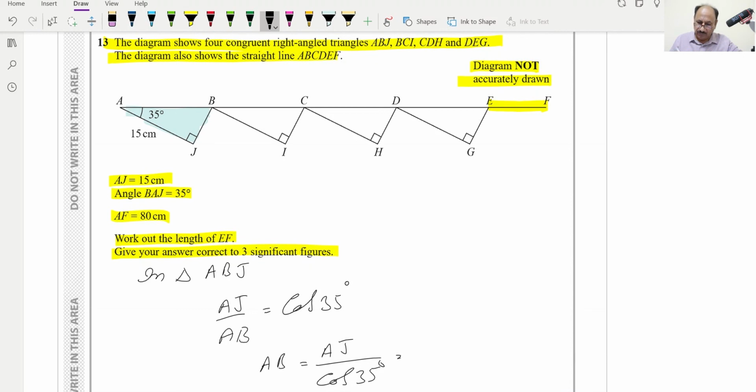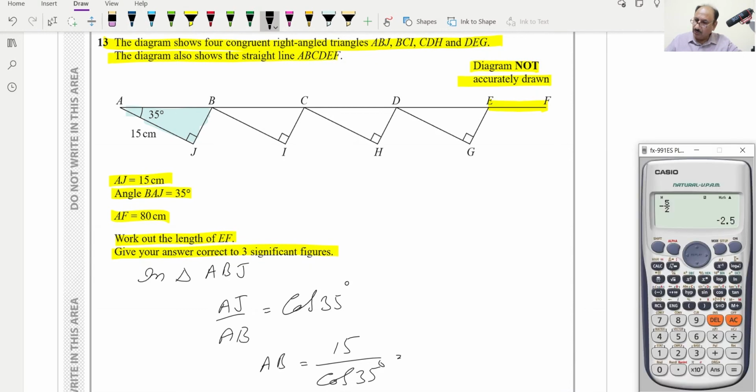AJ is basically 15, so we can replace this with 15, and this is equal to 15 over cos of 35 degrees.